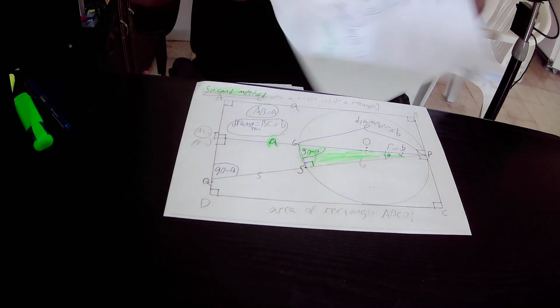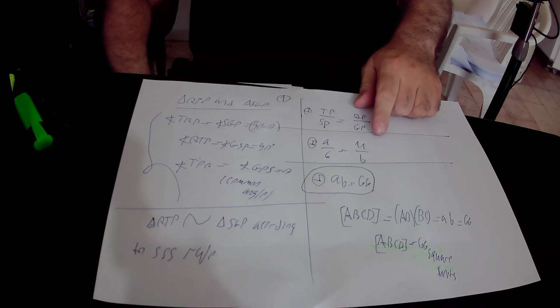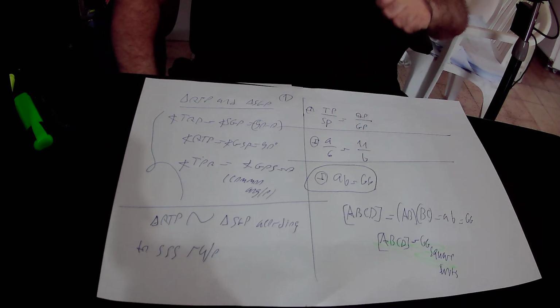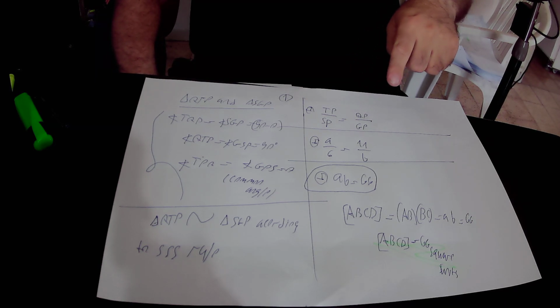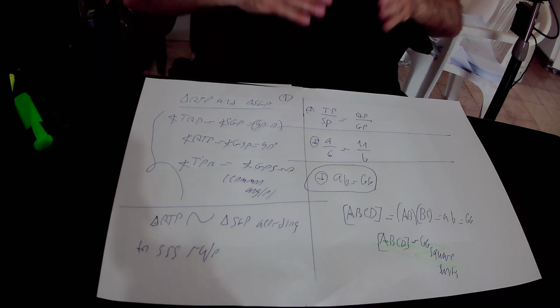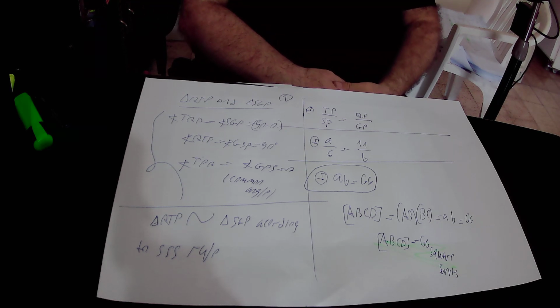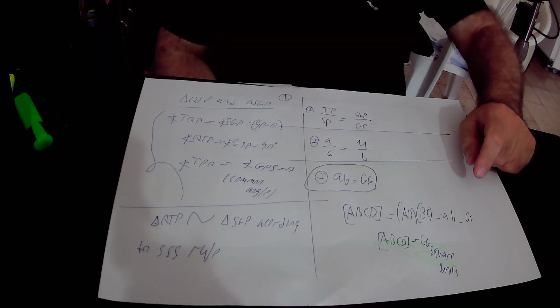So in conclusion, we found that according to equation number 1, A over 6 equals 11 over B. Here, cross multiplying this equation number 1, we found that A times B equals 11 times 6, that is 66. So according to equation number 1, A times B equals 66. And what is the area of rectangle ABCD? The area of rectangle ABCD equals the length of the rectangle times the width of the rectangle.